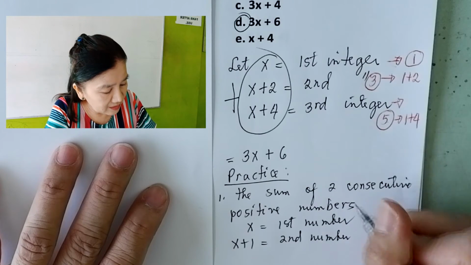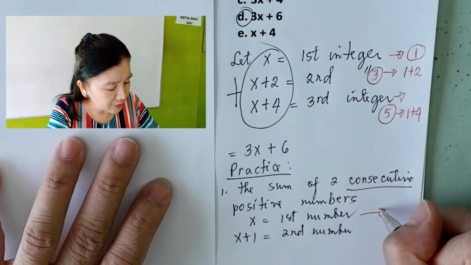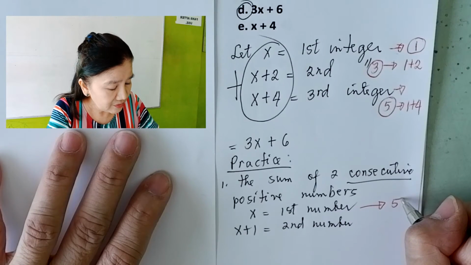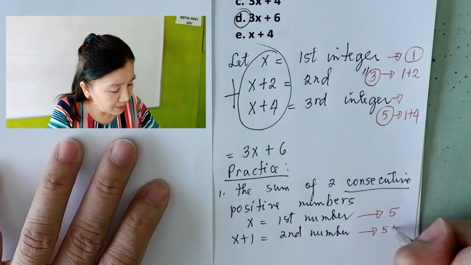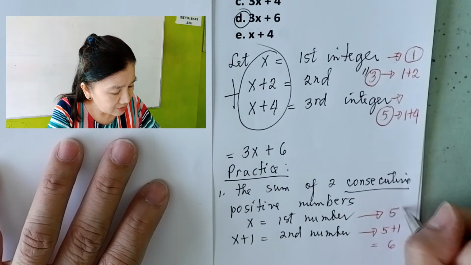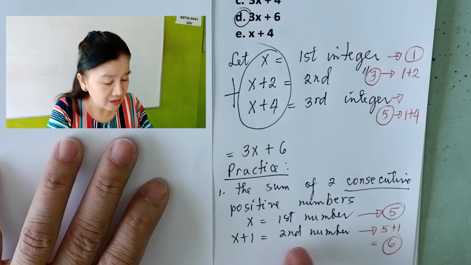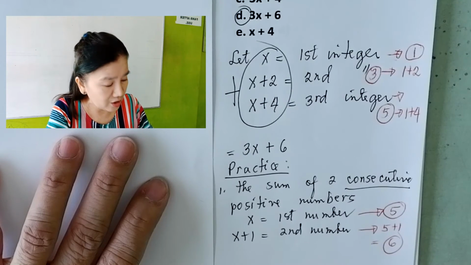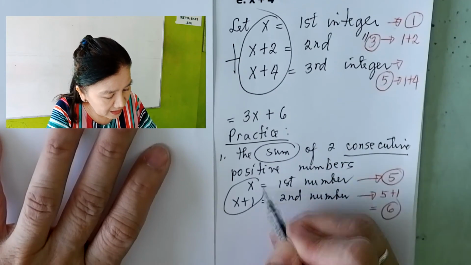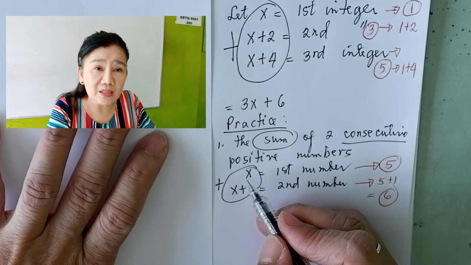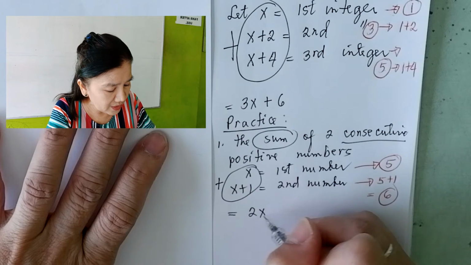Why? They are consecutive, magkasunod in Tagalog. Meaning, if your number here is 5, then the consecutive number is simply 5 plus 1, which is 6. So you just added 1. So your x, which is the first number, simply becomes x plus 1, which is the second number. Since we are now getting the sum, you simply add this. x here means 1x plus x, another 1x. So the sum will be 2x plus 1.